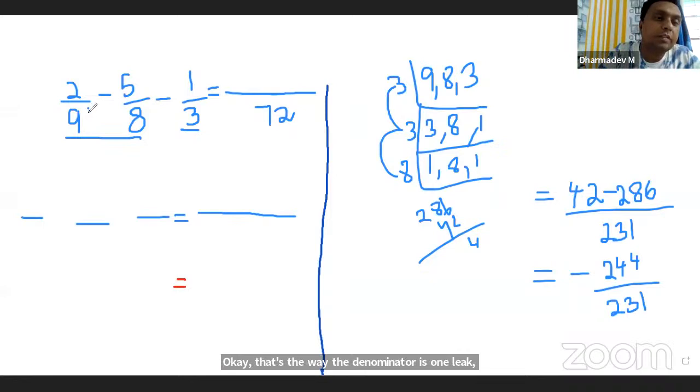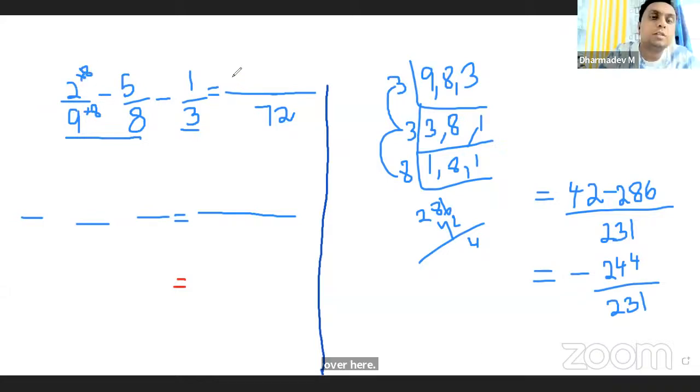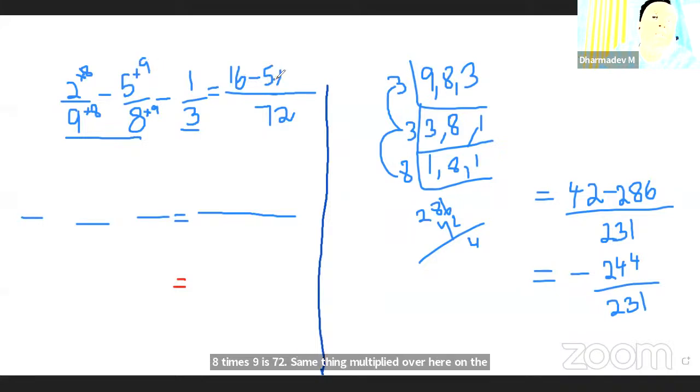9 times what is 72? 9 times 8. The same thing multiplied over here: 8 times 2 is 16. Minus 8 times 9 is 72, the same thing multiplied on the numerator, 5 times 9.